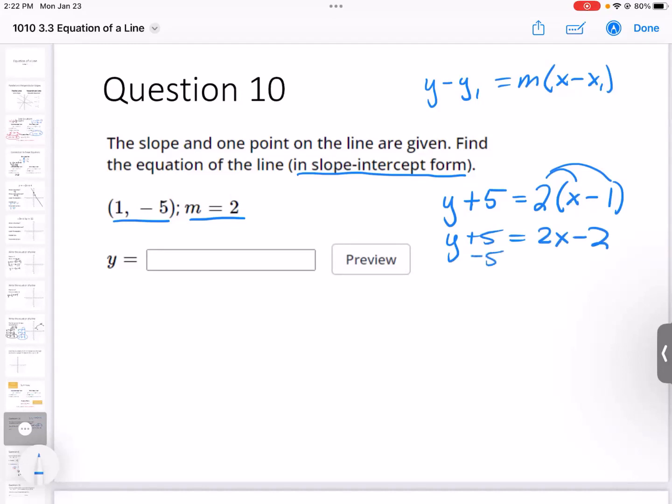And then I'll subtract 5 to get the y by itself. So I end up with y equals 2x minus 7. And this is the same line, but an equation in a different form. And so that would be what I would type into this problem here. So that would be question 10.